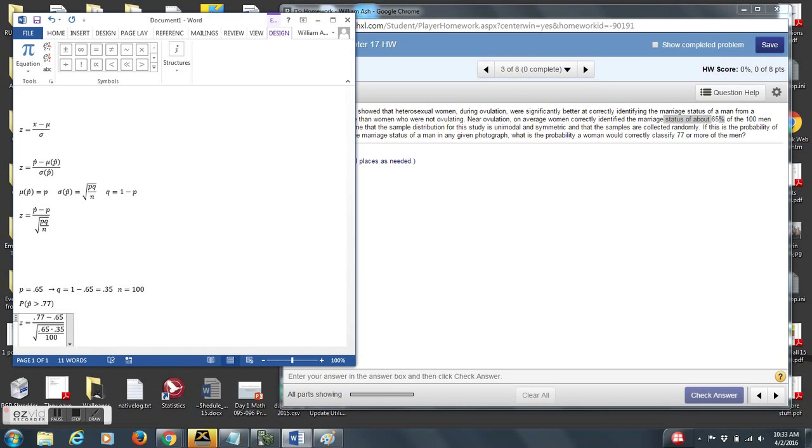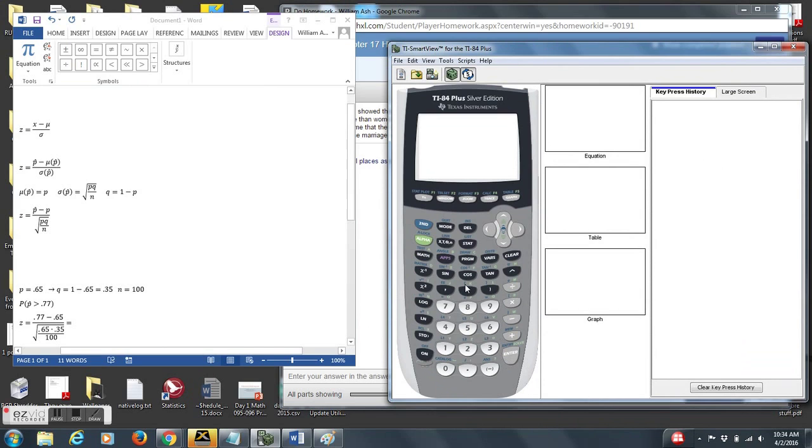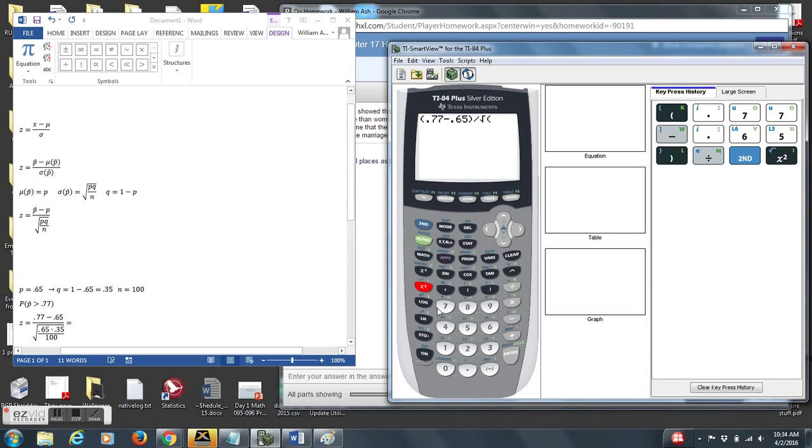Cool. And what is that? Let me see, I got a calculator down here. In some of these problems, they broke it up into parts, and they ask you specifically for this mu p hat, which is here, and the sigma p hat, which is here. But in this one, they're just asking for the whole thing.